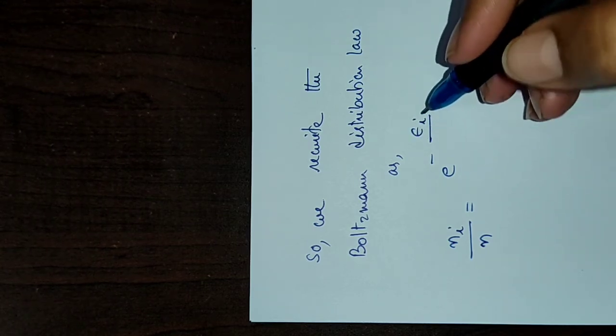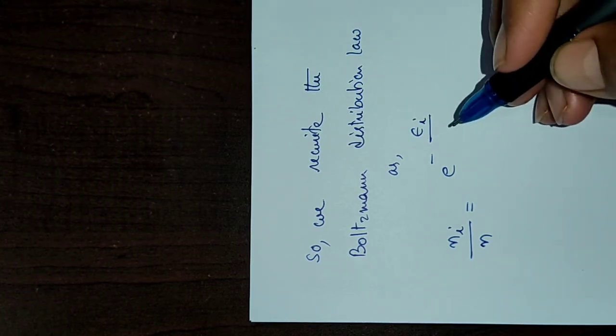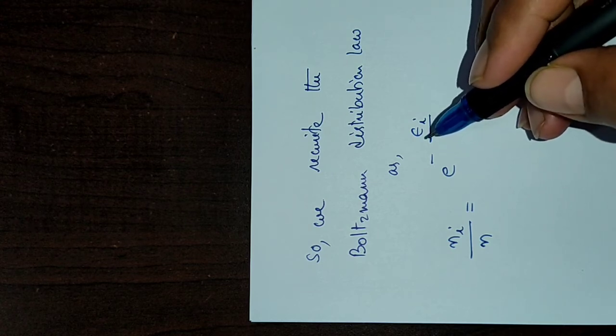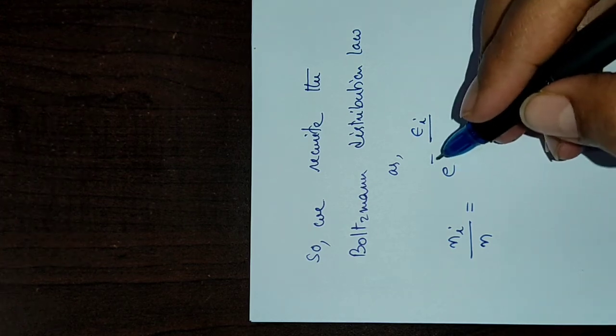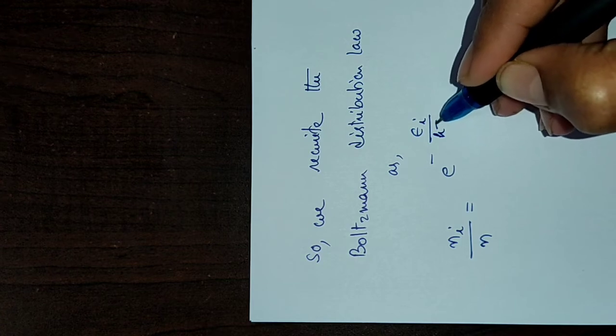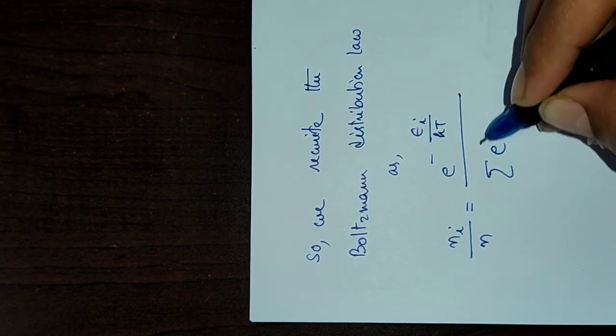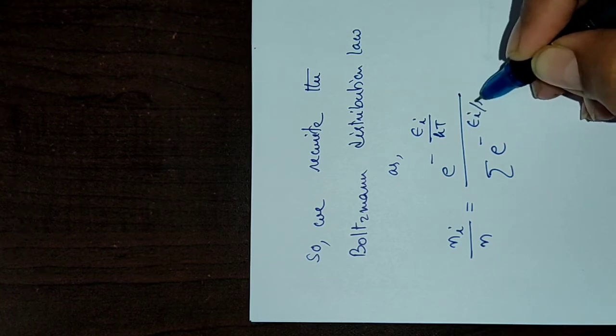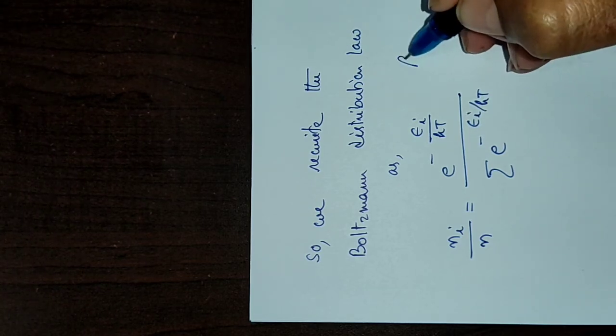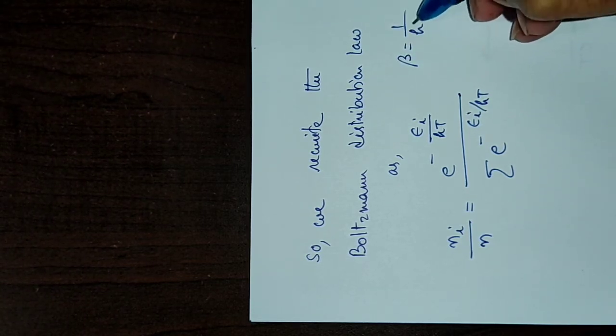We put here 1 by kT for beta. So it will be e to the power minus epsilon upon kT by summation over e to the power minus epsilon upon kT. Since we get beta equals to 1 by kT.